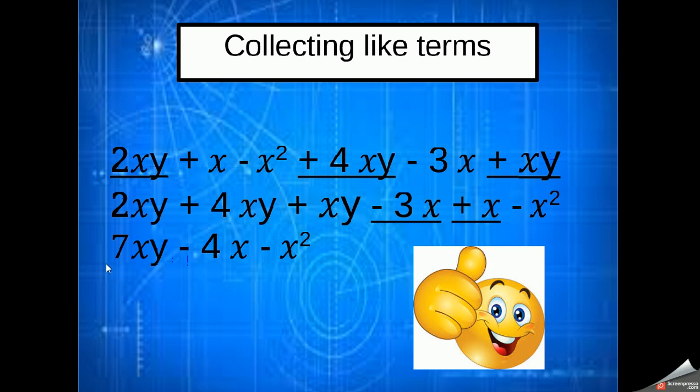So in other words, this becomes 7xy minus 2x, apologies for the mistake, minus x squared, and there's my answer. So look for the ones that have the similar term, bring them next to each other. In this case, the 2xy, the plus 4xy, and the plus xy are similar terms, and the minus 3x and plus x are like terms. And then simply add up the numbers in front of them. So 2 plus 4 plus 1, an invisible 1 here, gives us 7xy. And minus 3 plus 1 gives us minus 2x. And then we've got the minus x squared at the end.